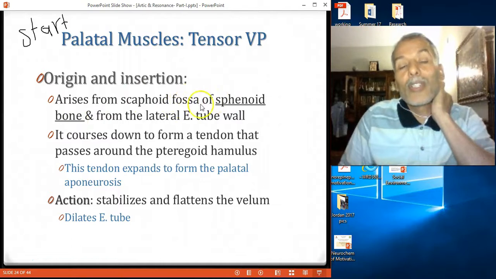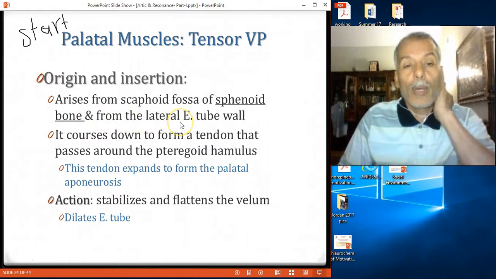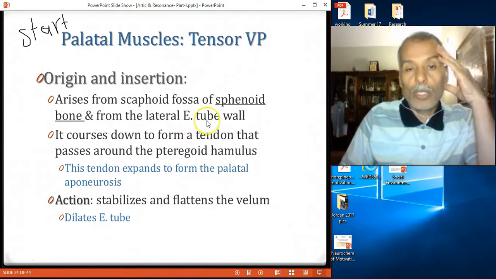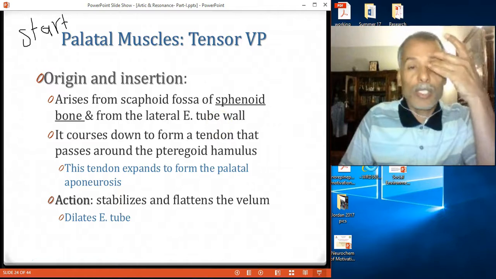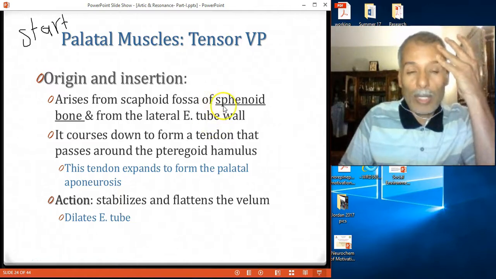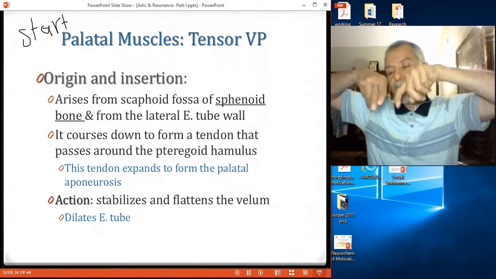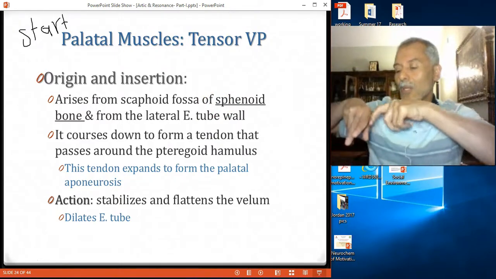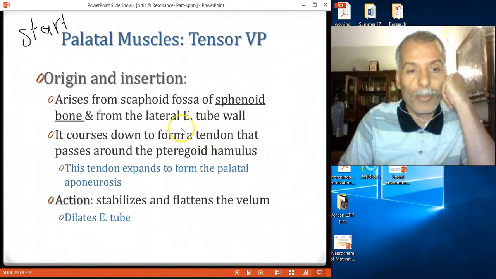If you just say the sphenoid bone, you're fine. And another origin from the lateral wall of the eustachian tube. So again, it has two origins. From the sphenoid, one origin, and as it goes down, it also is attached to the margins of the eustachian tube.